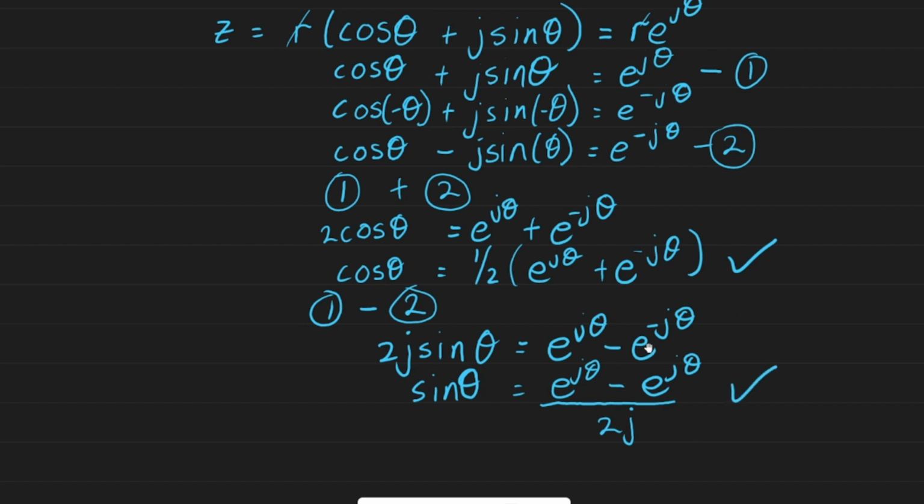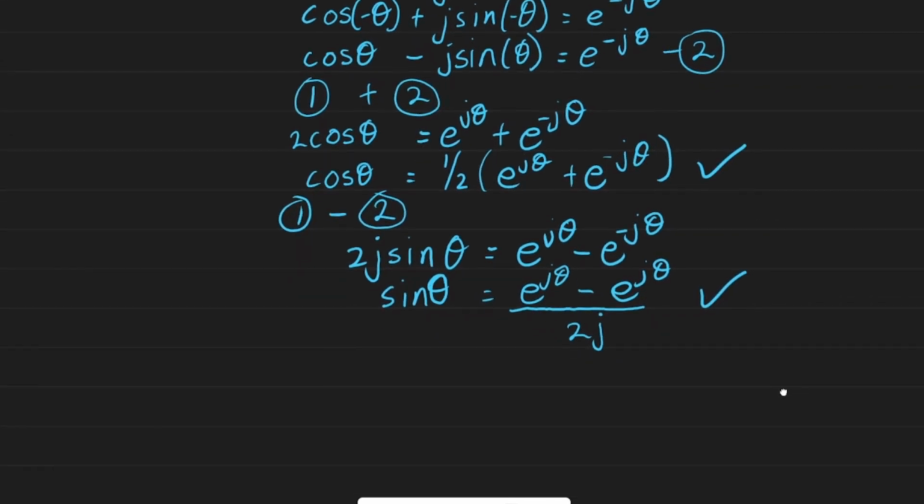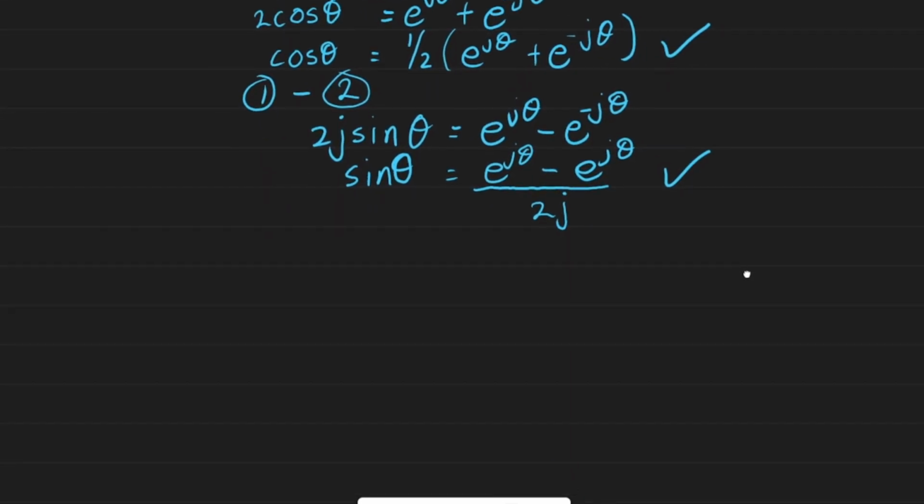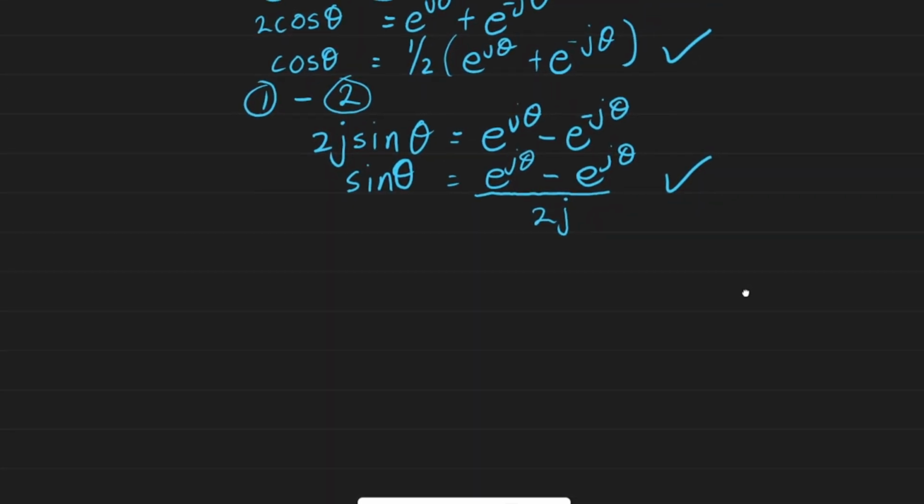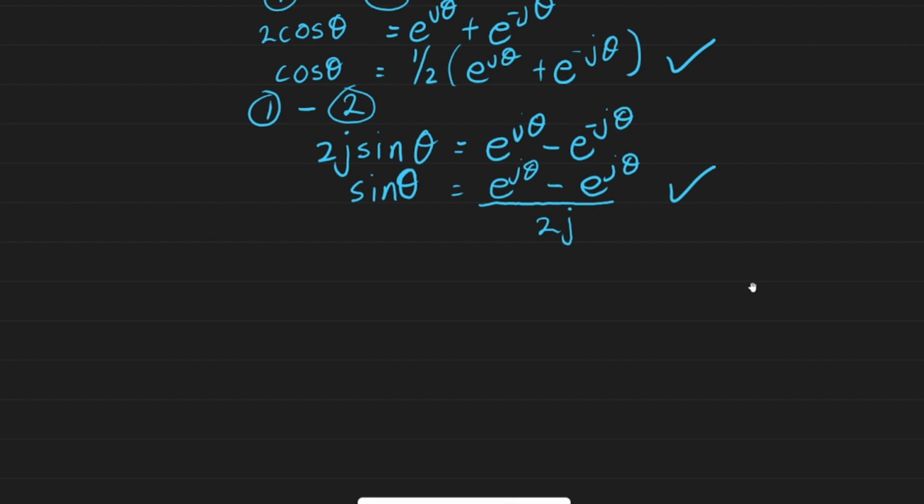So now we can substitute this into our Fourier series and we can get expressions for the Fourier series in terms of complex numbers or these complex exponentials. So if we recall what the Fourier series is from our previous videos on this subject, we would see that we take a function, f of t, and we split it into various trigonometric components.